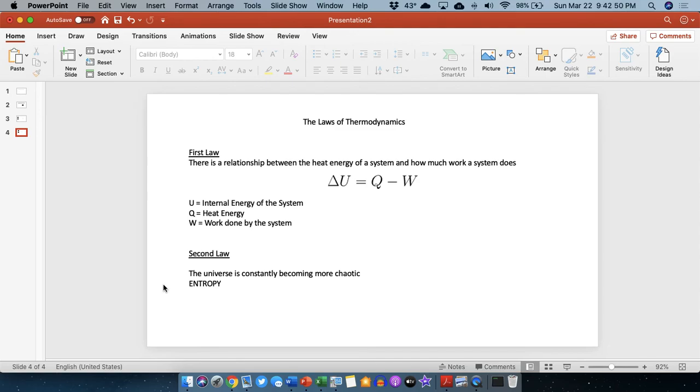It's more crystalline shaped. It has a much more orderly pattern to it. So left to nature, what happens? That orderly pattern becomes more and more chaotic. What happens? The ice melts. Those molecules become farther and farther away from each other. They start moving faster and faster, and they lose that pattern, that shape, that crystalline structure. That's entropy.